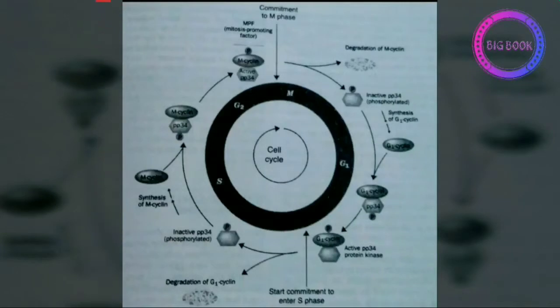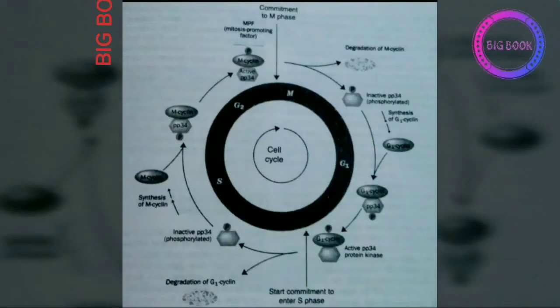That is, it is going to form the active p34 protein kinase complex, and it is going to start the commitment to enter S phase. Further, after the commencement of the S phase, the degradation of the G1 cyclin will happen. During the S phase, the synthesis of the DNA will take place.